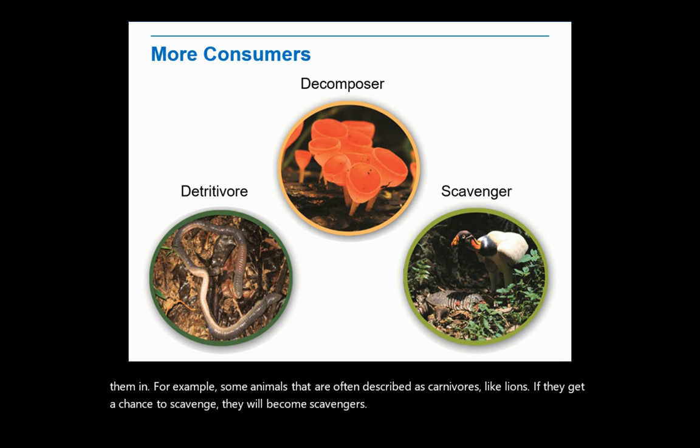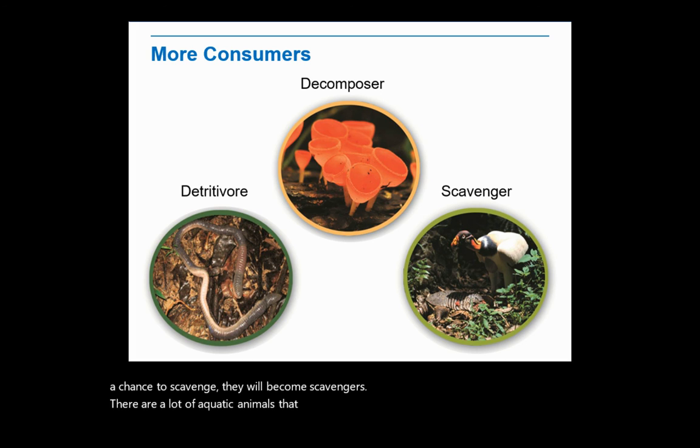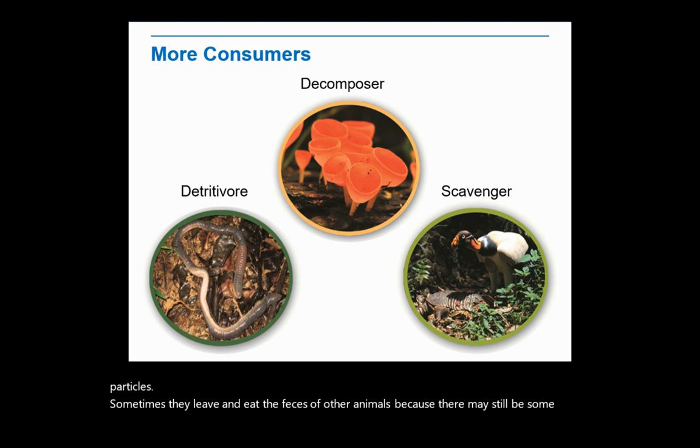There are a lot of aquatic animals that eat a mixture of algae, bits of animal carcasses, and detritus particles. Sometimes they'll even eat the feces of other animals because there may still be some energy-rich compounds in the feces, because the animal that ate the food initially didn't fully process out all of the usable energy.